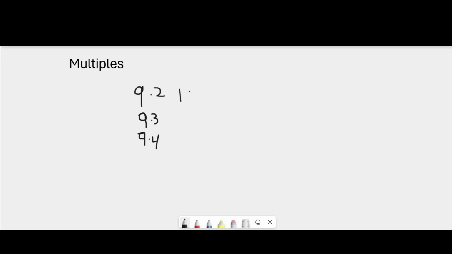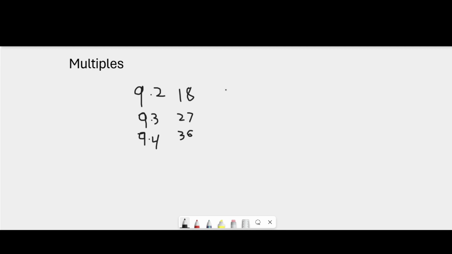So you get 18, 27, and then 36. These are all multiples of 9 because it's 9 times a number giving you this number. You'd have 9 times 5, 9 times 6, you have 45, 54, and just keep going, 63. So that would be multiples of 9.